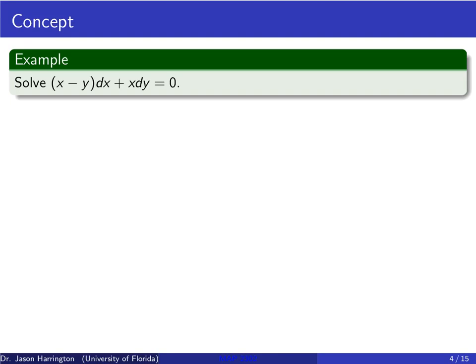All right. So the first example I want to do, I'm just going to do it, and then I'm going to show you later on how to recognize it. First of all, I'm going to solve for dy over dx. So that means I get dy times x is equal to, and I can just write this as y minus x dx.